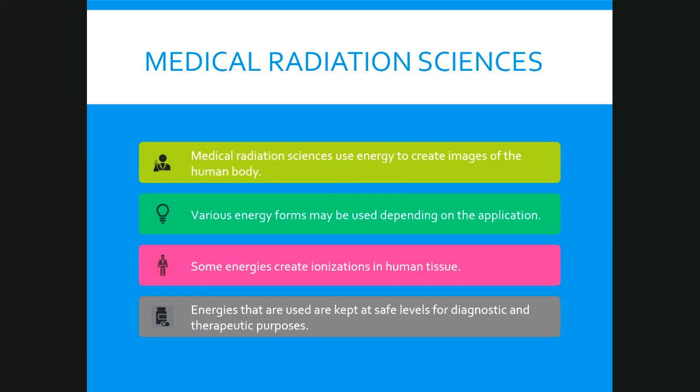When we look at medical radiation sciences, this is where we actually use energy to create images of the human body. And there's different energy forms that can be used depending on what you're actually applying or what you're actually looking at. And some of the energies actually create ionization in the patient.